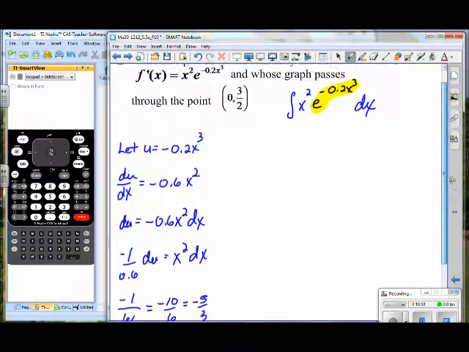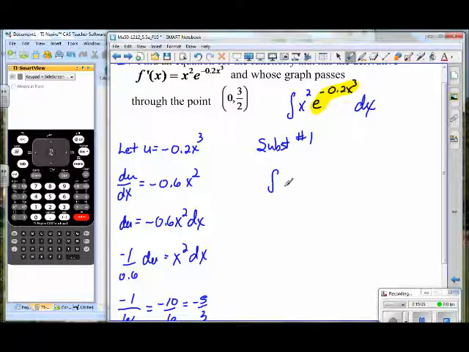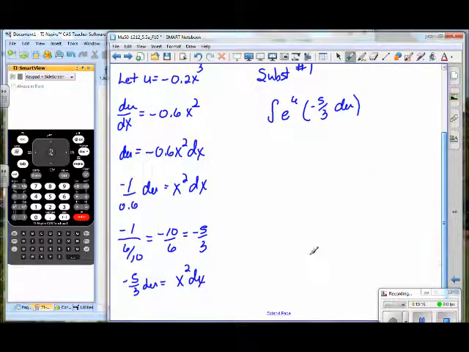So let's go back to our original problem. We're ready for our first substitution. And we will make this the indefinite integral of e to the u times negative 5/3 du. Remember, x squared dx has the same value as negative 5/3 du.